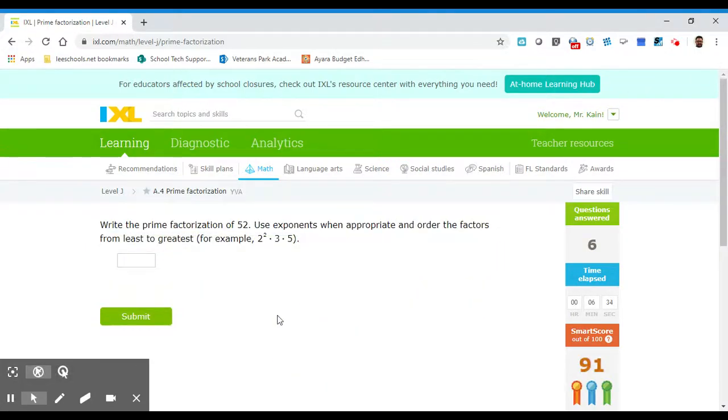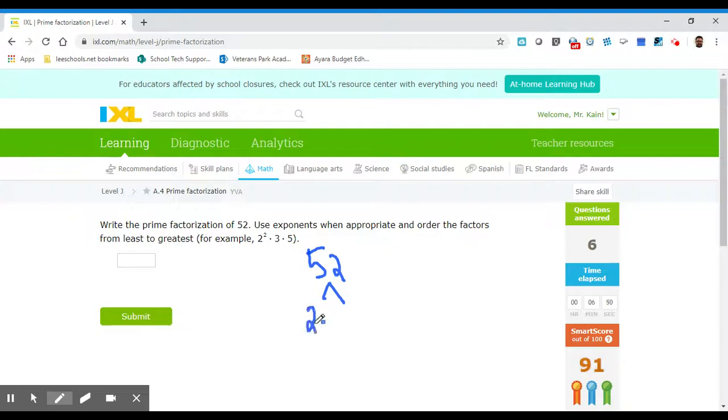Okay, I'm on the last level. This will be the last problem. They're all done basically the same. So prime factorization of 52. So I know it's even. So 2 times 26 gives me 52. If you're not sure, because you can't do the mental math, that's okay.